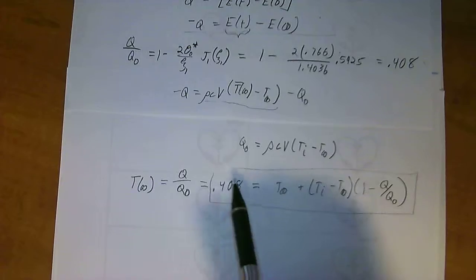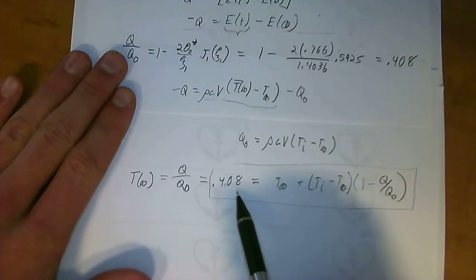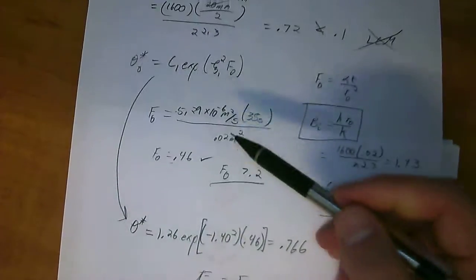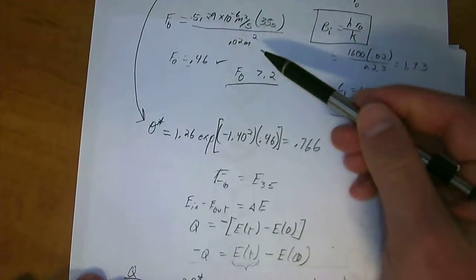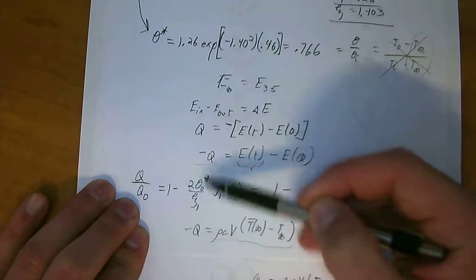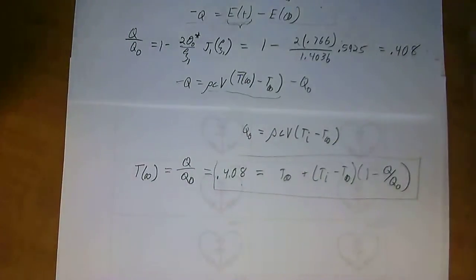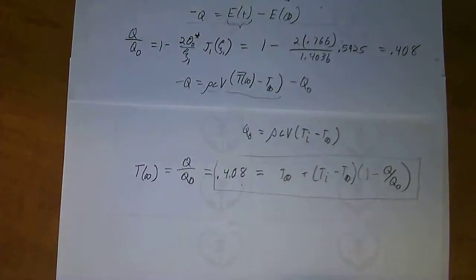At the time, 35 seconds. And the reason it's at 35 seconds is because all the way back up here when we were calculating the Fourier number, which we used in Q star, which gave us this, right here. This is in relation to 35 seconds. That's basically our original temperature. So that's how that all came together as a synopsis.